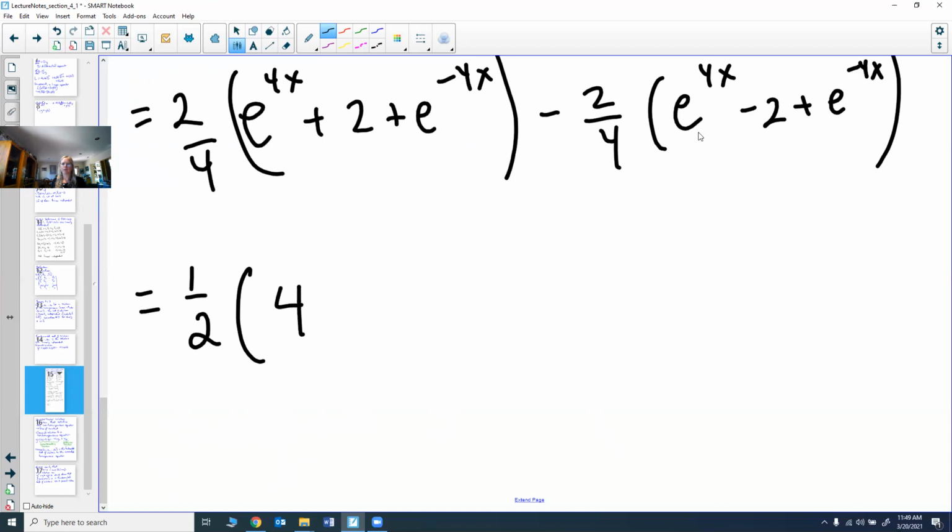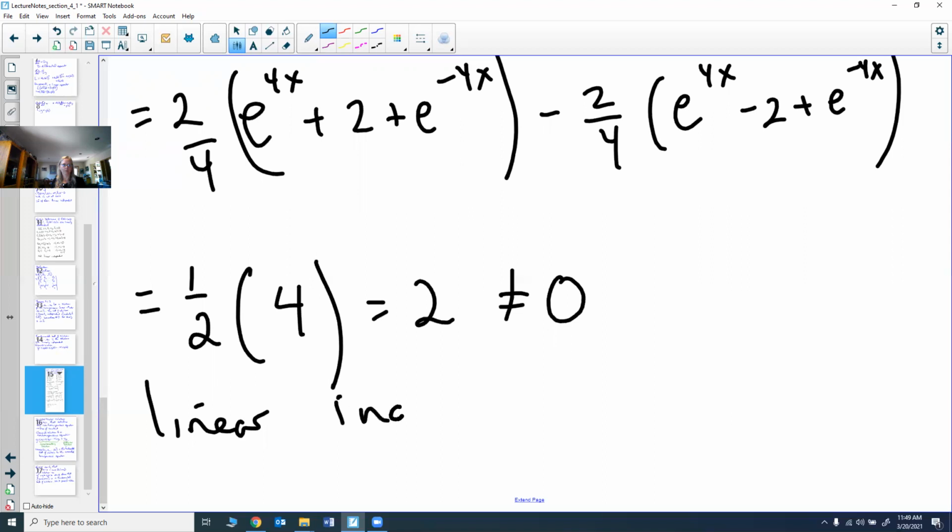And we have e to the minus 4x minus e to the minus 4x, which is, of course, 0. So we end up with 2. Well, 2 is not 0, so that means they're linearly independent, because the Wronskian is not 0. All right, perfect. So now we know that they're solutions.